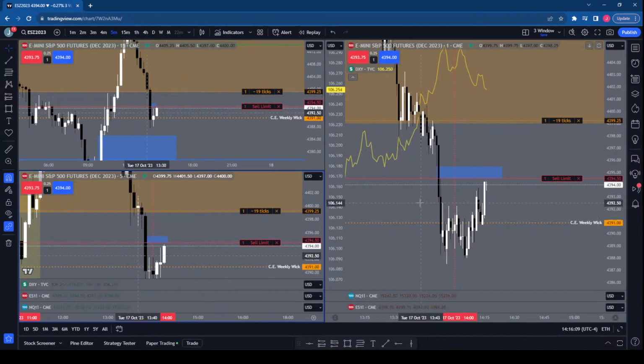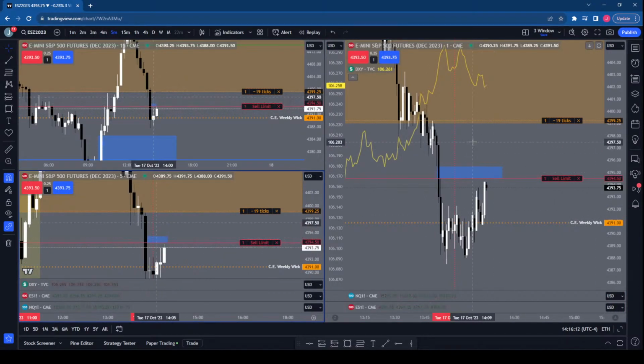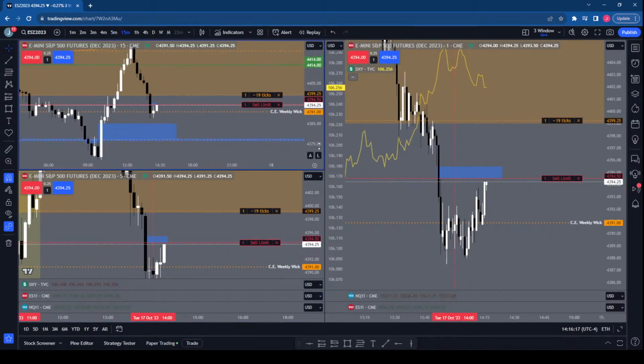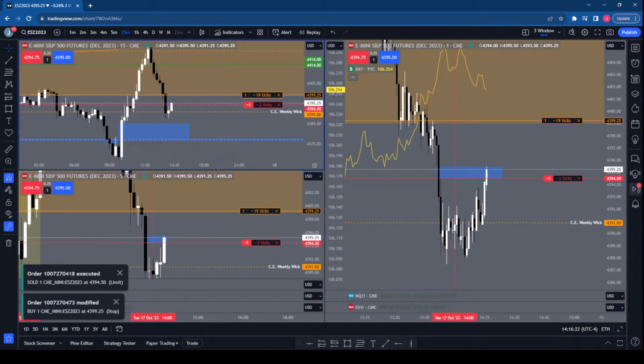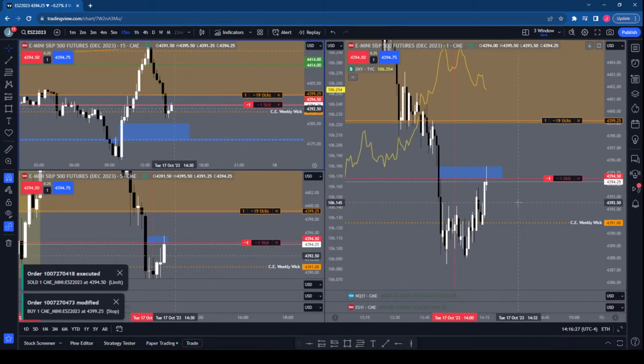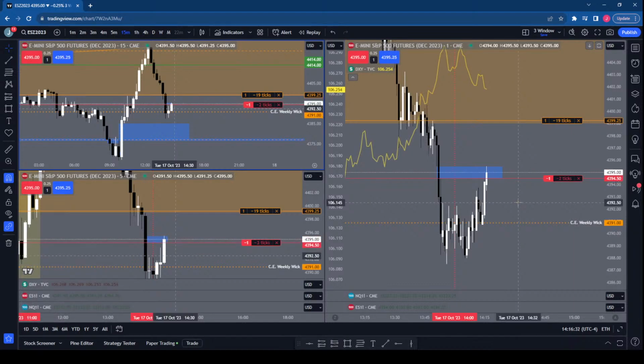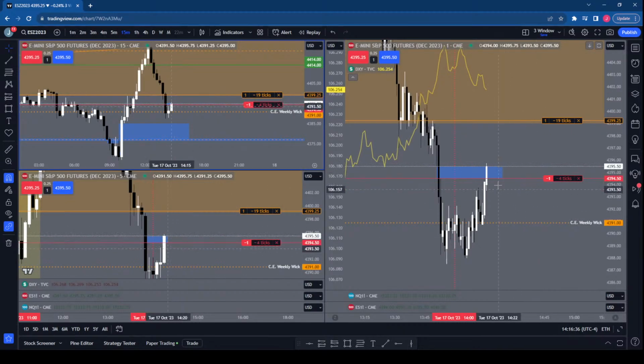Let's see how it treats this fair value gap. I don't want to see it close above this. If we close a candle above this, I'll probably manually exit the trade.